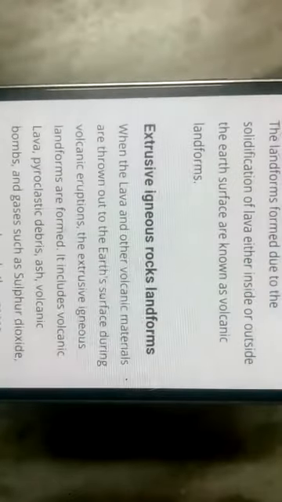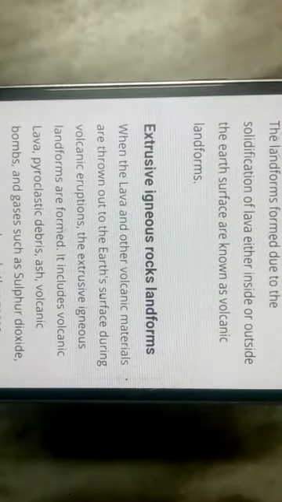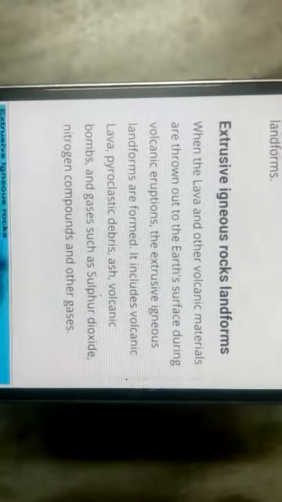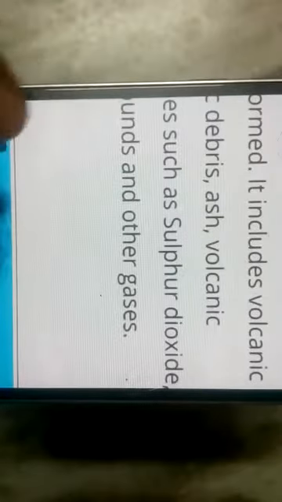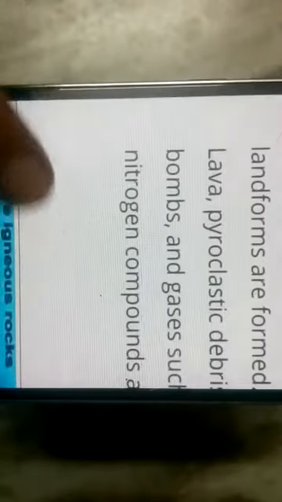Extrusive igneous landform. When the lava and the other volcanic material are thrown out to the earth's surface during the volcanic eruption, the extrusive igneous landforms are formed. It includes volcanic lava, pyroclastic debris. Debris means the material, then ash, volcanic bombs.